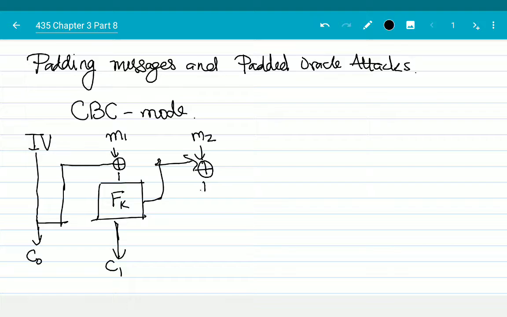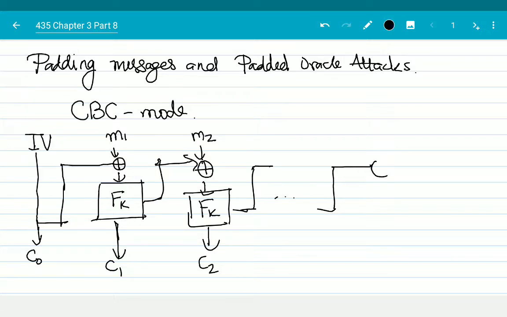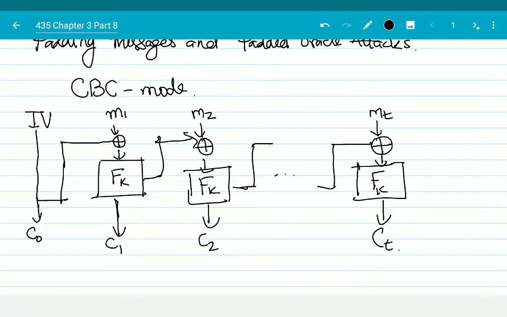M2, C2, dot, MT, CT. It is important that the message have all the blocks of the same length.